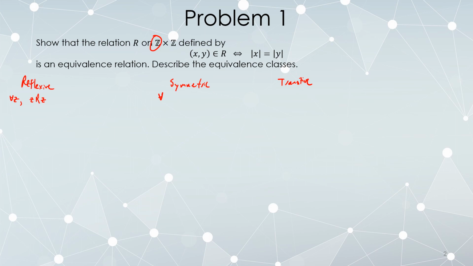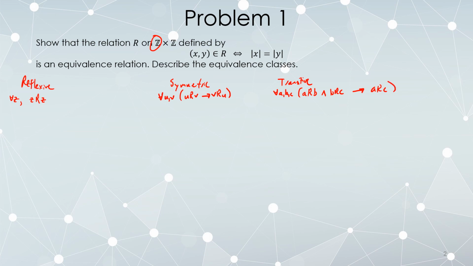Symmetry would say, for any two integers, let's call them u and v, if u is related to v, then v is related to u. And transitive would say, for any three integers, let's call them a, b, and c, if a is related to b and b is related to c, then a is related to c.